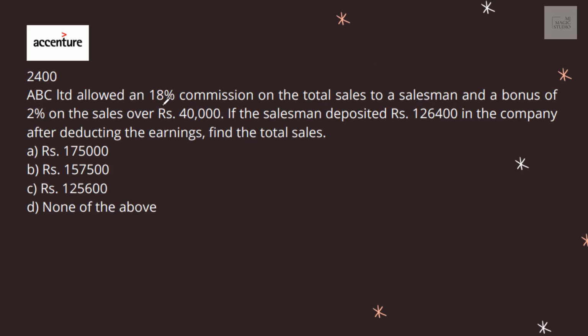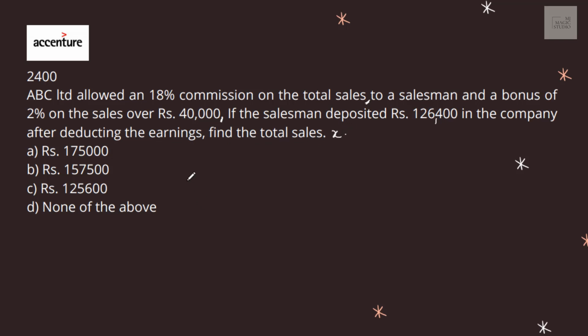ABC Limited allowed an 18% commission on the total sales to a salesman and a bonus of 2% on the sales over 40,000. If the salesman deposited 1,26,400 in the company after deducting the earnings, find the total sales.